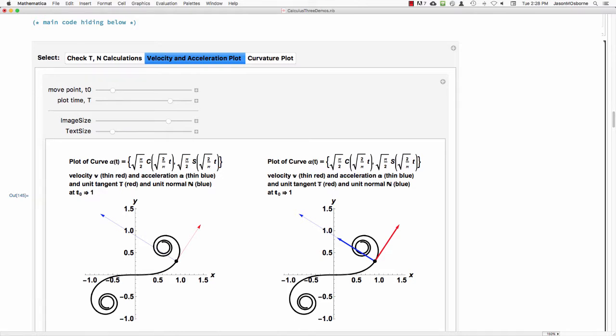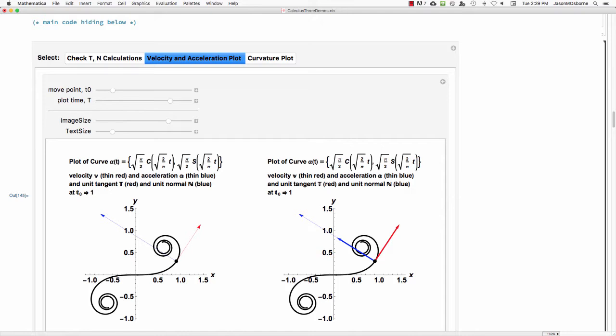The tighter the spiral, the more curved the curve is. If the curvature is 0, that means you're along a straight line. A straight line has no curvature. Here, the curvature is only a little bit, because the curve is essentially straight there. The curve's not too bent.